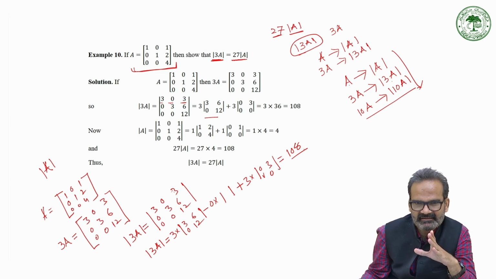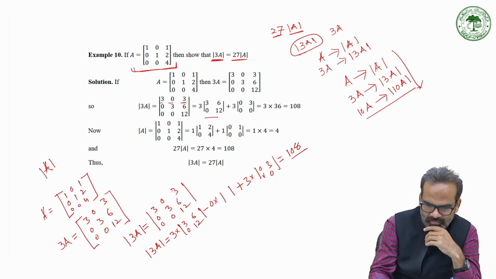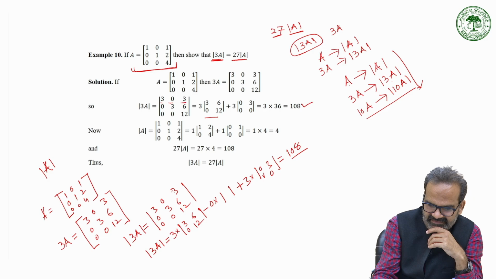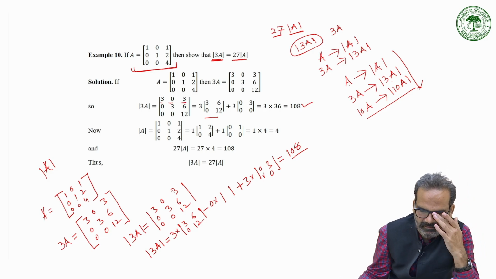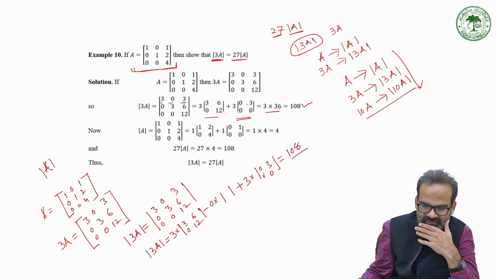I have expanded it along the first row, you can also expand it along the first column. So now the determinant of 3A is being calculated. This is also 0, 0 minus 0, 0. So 3, 12 into 3 is 36, 36 into 3, you will get here 108.